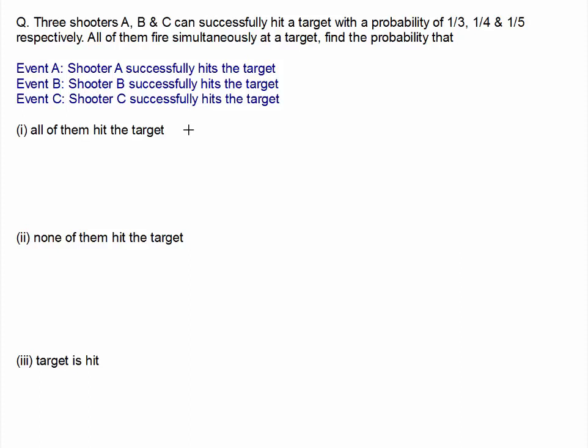So the probability that all of them hit the target would be equal to P of A intersection B intersection C, meaning A, B and C simultaneously hitting the target.